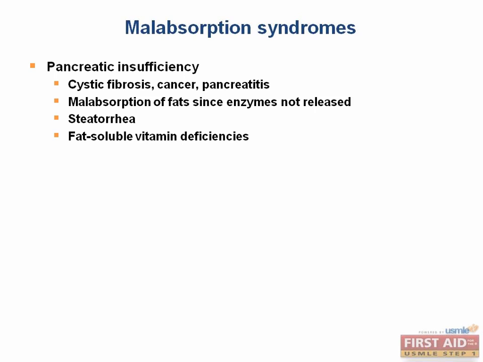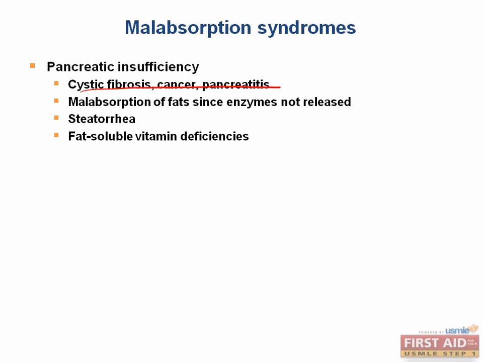The last syndrome we'll mention is pancreatic insufficiency. This can be due to many underlying causes, such as cystic fibrosis, which is one of the classic ways in which it is discussed, as well as cancer and pancreatitis. Because there are so many fat-digesting enzymes unique to the pancreas, if you remember back to our physiology section, without these enzymes there is a loss of fat in the stool, which is called steatorrhea, and also an inability to absorb fat-soluble vitamins.